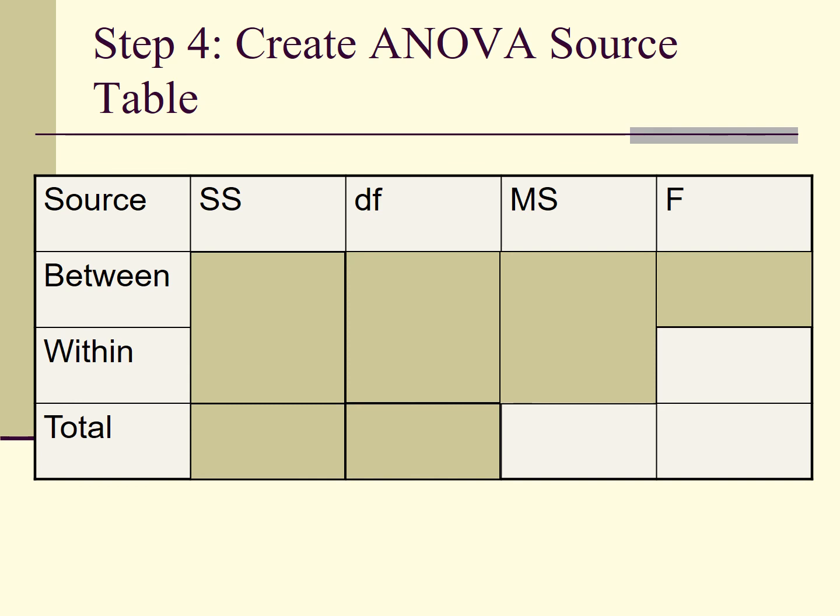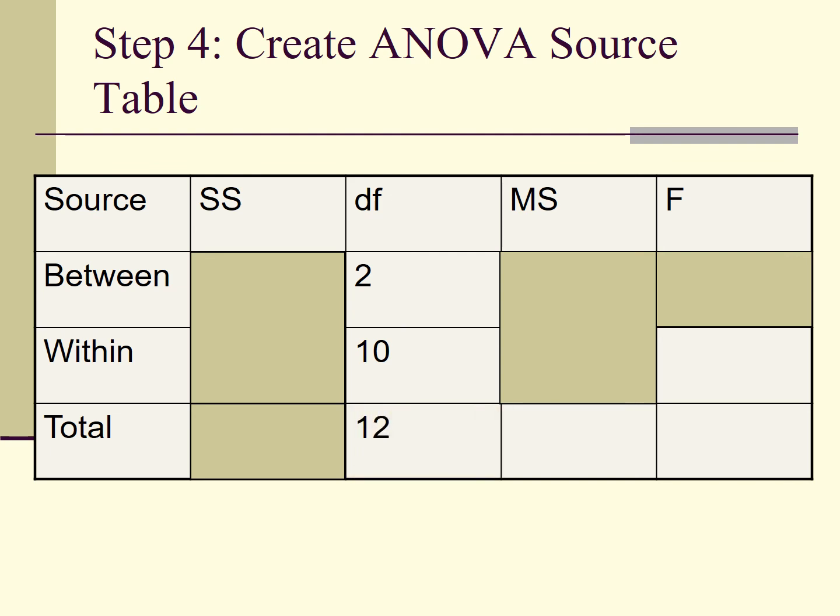So finally, we can create this ANOVA source table. So in this source table, we have the between group variance, within group variance, and the total variance. So first, the between group DF is 2, and the within group DF is 10.